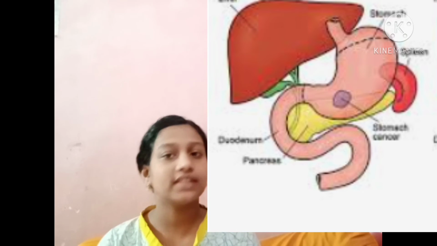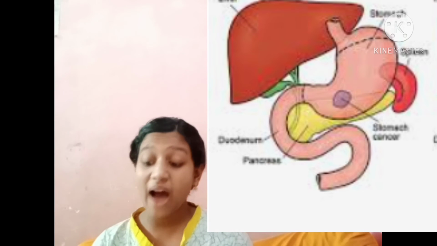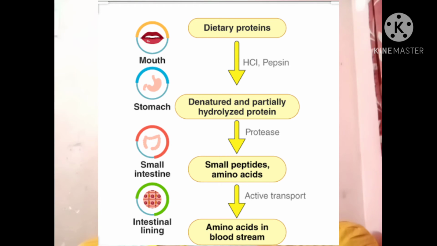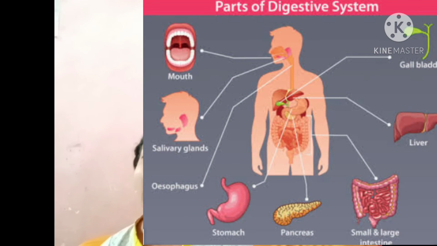carbohydrates, fats and proteins. The partially digested food is completely digested in the small intestine by the action of bile juice, pancreatic juice and intestinal juice. At the end of the digestion, carbohydrates get converted to glucose, proteins into amino acids and fats into fatty acids and glycerol.